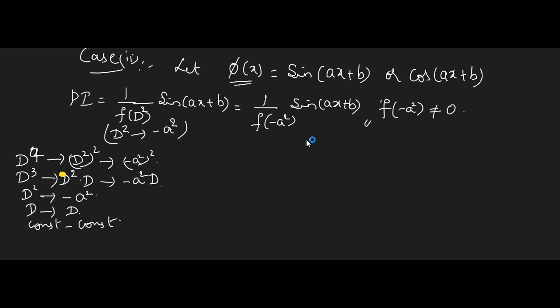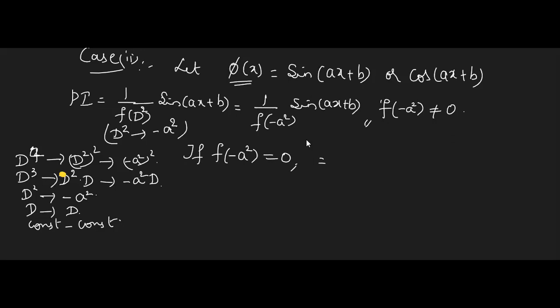What is the second part? When you do that, it may not be 0, then you can replace. If it is 0, suppose, what should be done then? If it is becoming 0.